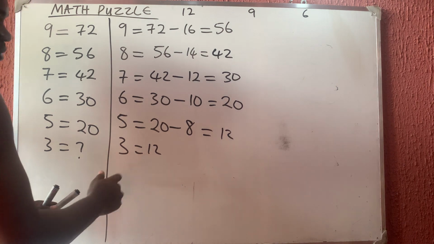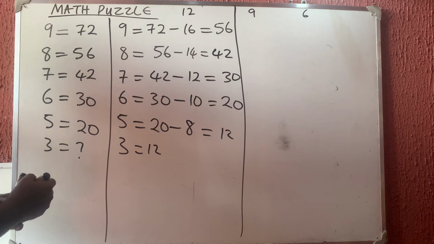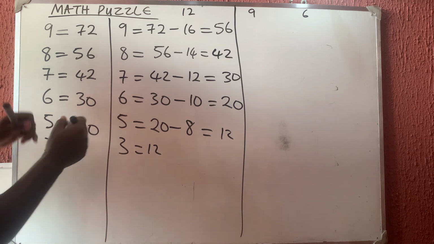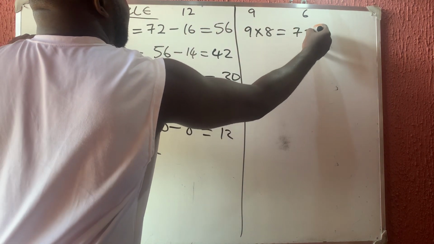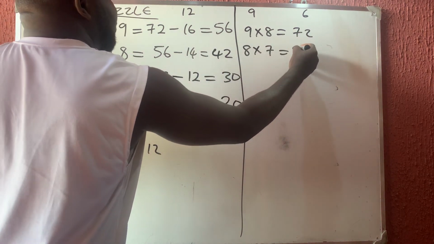There's a little problem here. If you can figure it out, write it in the comment section. Now, those that say that the answer is 9, let me show you how they got 9. They started decreasing. They said that this is 9 times 8, which gave them 72. Then they came here, 8 times 7 gave them 56.